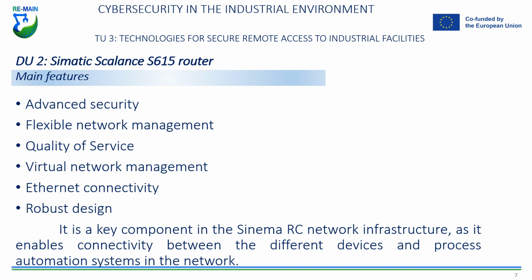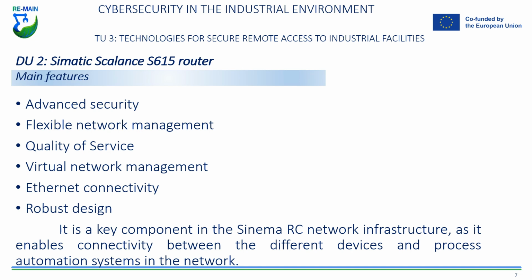Virtual LAN management. The Scalance S615 is capable of managing virtual networks, allowing for greater flexibility and security in network management. Ethernet connectivity. This router features 5 Ethernet ports, including one WAN port and 4 LAN ports.